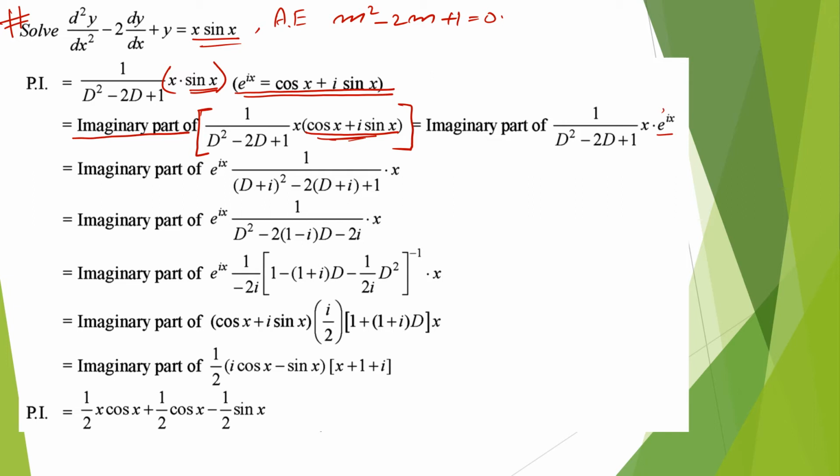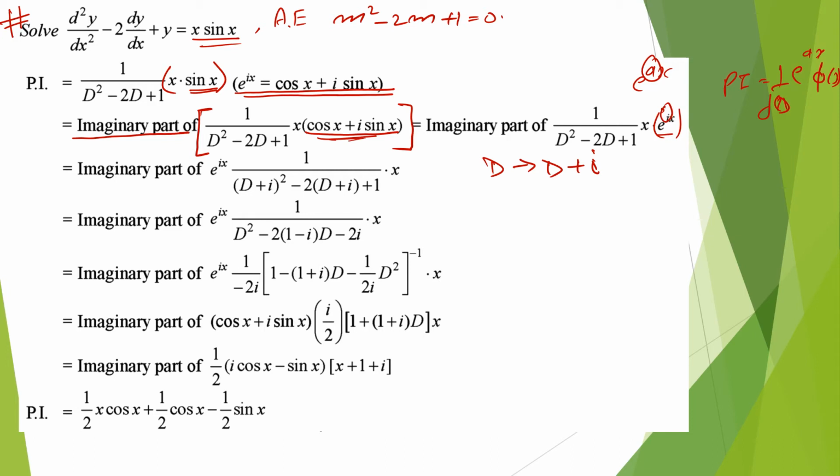For this we use the PI case 1 over f(D) and e to the power ax into function of x. So e to the power ax is solved first by replacing D with D plus iota, because here we compare with e to the power ax and the value of a is iota.